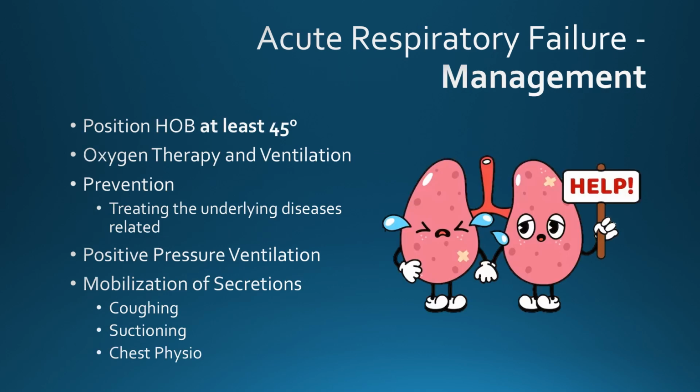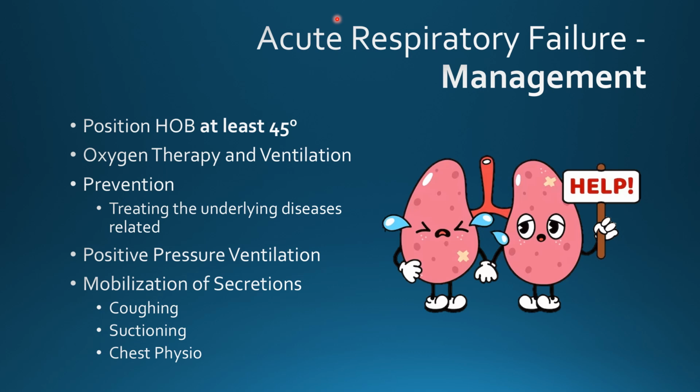So how do we manage someone with ARF? We ensure that their head of bed is positioned to at least 45 degrees. This maximizes the thoracic expansion, which then increases the ventilation and perfusion of air to the lung bases. It reduces abdominal pressure on the diaphragm as well.